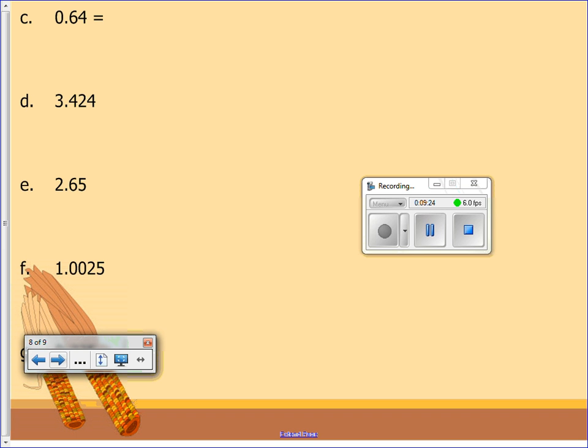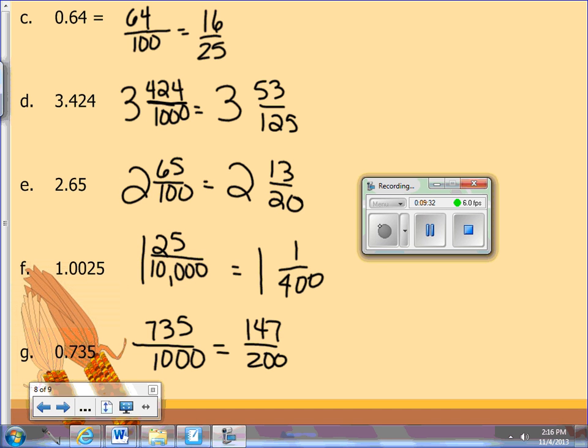We have C, D, E, and F. Set them up in fractions and reduce them to simplest form. Now, check your answers. We had 64/100, reduced it to 16/25. 3 and 424/1000, so we reduced that: 3 53/125. 2 65/100, 2 13/20.